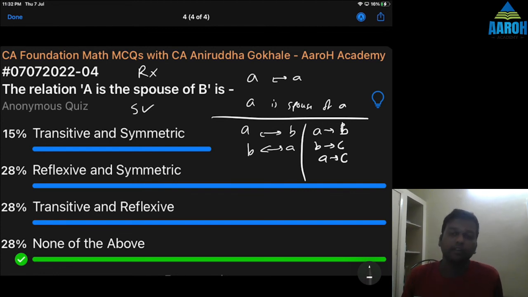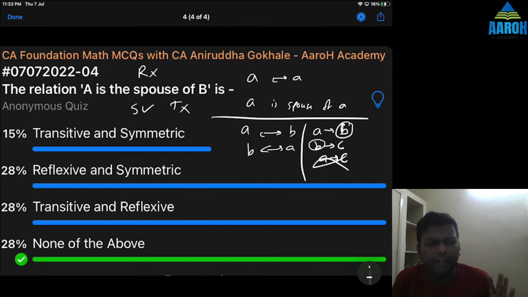Now understand, it is possible that a person has two husbands or two wives, right? So let's say A is spouse of B, B has another wife or husband C. Then there is no relation between A and C, right? So this is not a correct statement. So again, transitive, no. So only symmetric is the correct answer. It is not in these options. So none of the above is the correct answer. Only 28% people have given this.